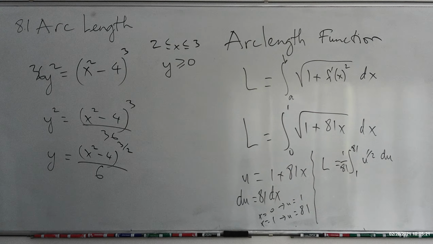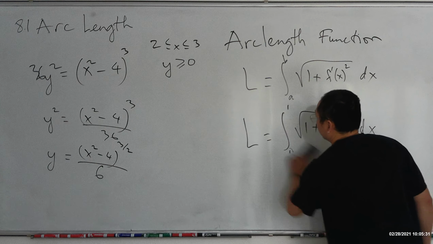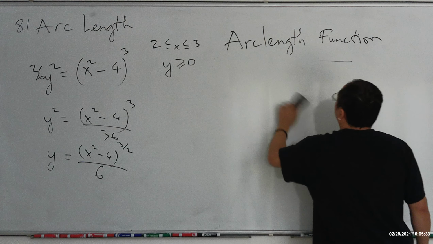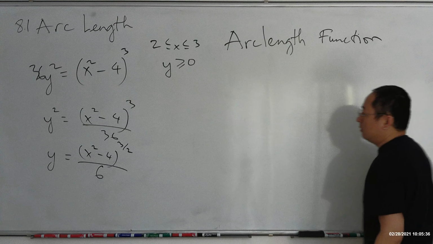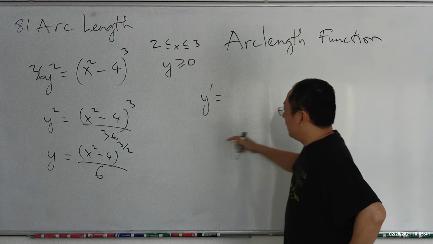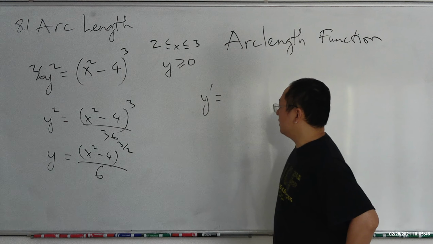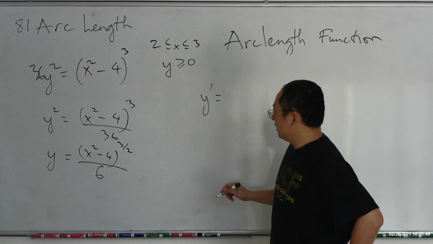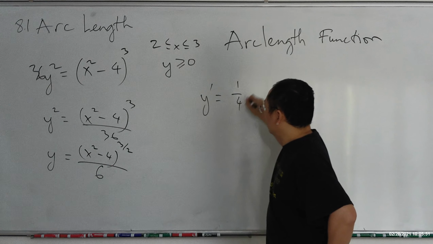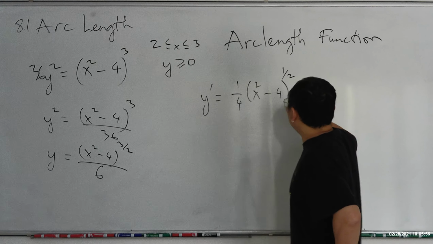And do the same thing: take the derivative of y first, and then square it up. See what you get. So y prime is 3/2 divided by 6, which is 3 over 12, so a quarter, of x squared minus 4 raised to the 1/2, times 2x.